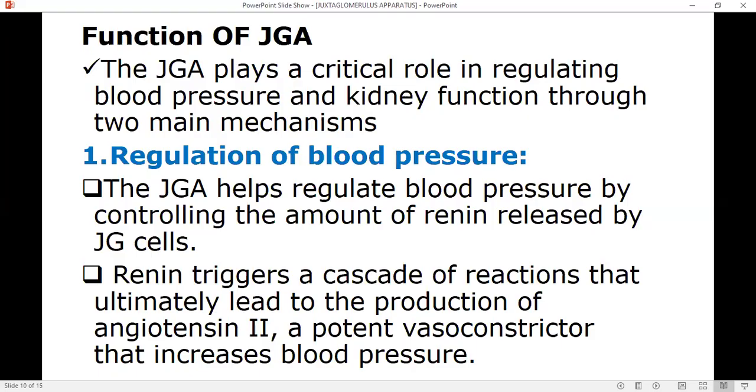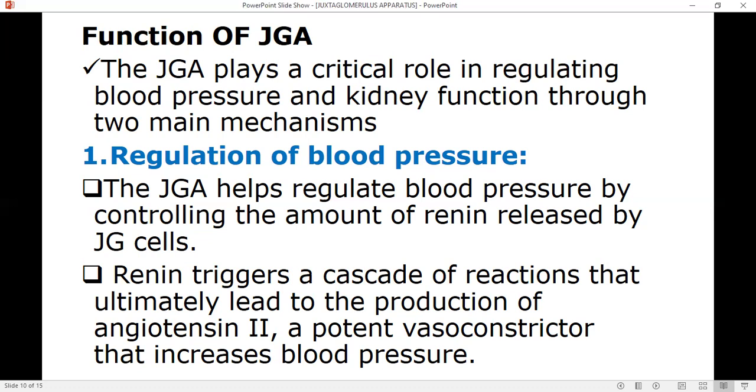One, regulation of blood pressure. The juxtaglomerular apparatus helps regulate blood pressure by controlling the amount of renin released by the JG cells. Renin triggers a cascade of reactions that ultimately leads to the production of angiotensin II, a potent vasoconstrictor that increases blood pressure.